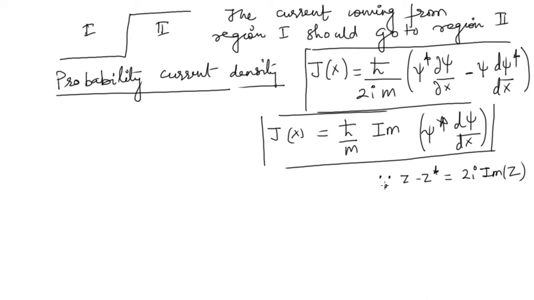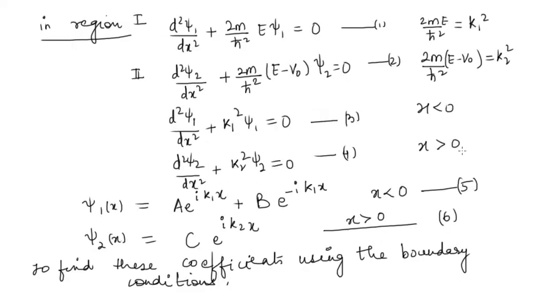Now let us try to see what current do we have in region 1. When x is less than 0, the current in region 1 is, by substituting in this formula, h cross upon m times the imaginary part of psi star d psi by dx. Psi we know in region 1; already we have written the equation here.